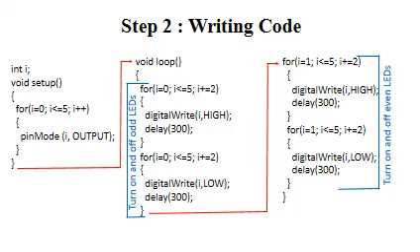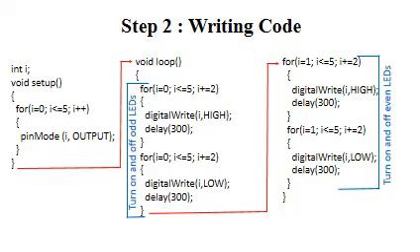There is a 300 millisecond delay in each loop. We have executed the loop from 0 to 5 because we have connected 6 LEDs and used 6 pins of the Arduino UNO, which are from 0 to 5.